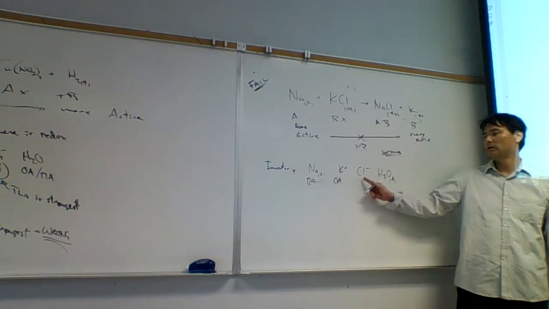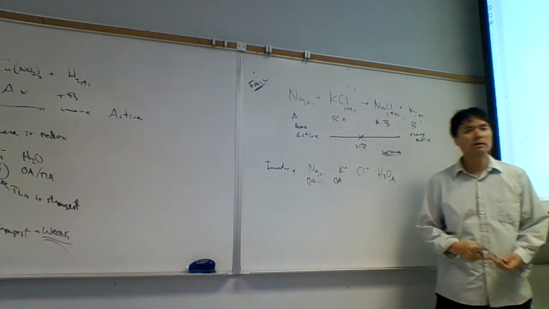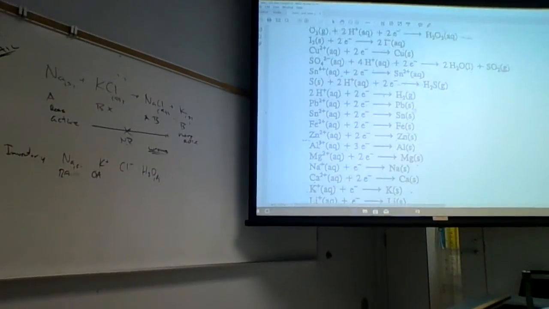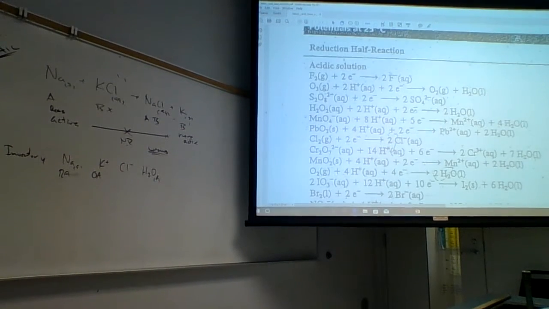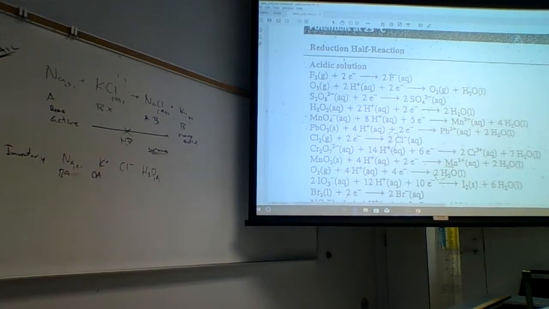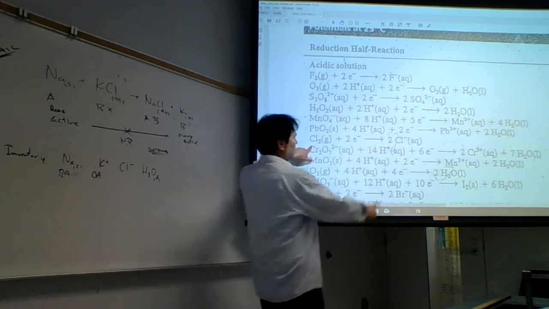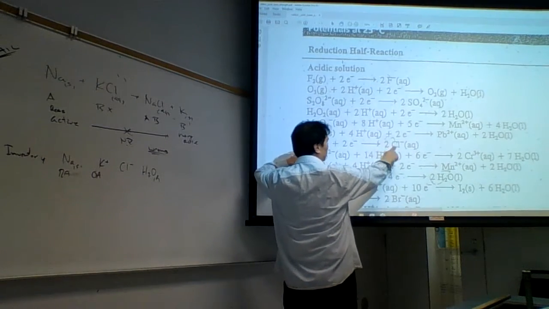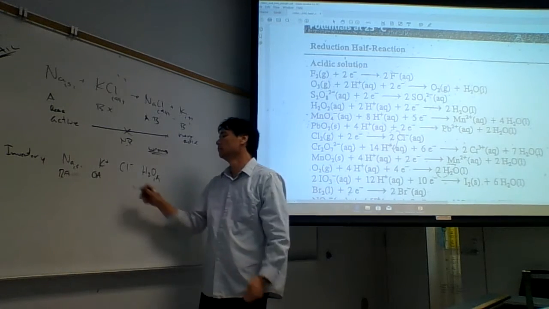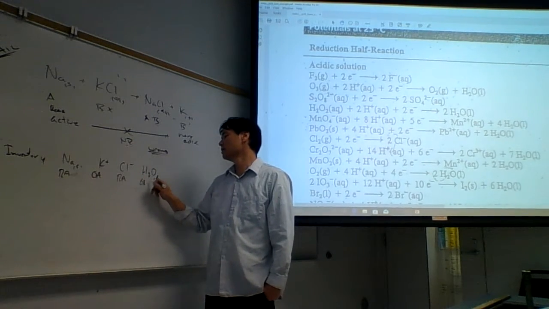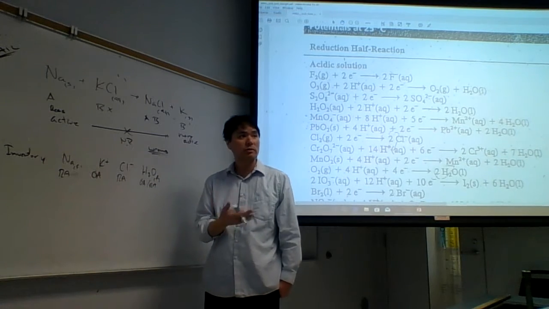And then I have chloride. Well, what is that? Is that Dr. Jekyll or Mr. Hyde? I would go up here and look. Chloride is going to be electron rich or electron poor in this sense? Compared to chlorine, chloride is a reducing agent. And then water is both an oxidizing agent and a reducing agent because it occurs on both sides of the chart.